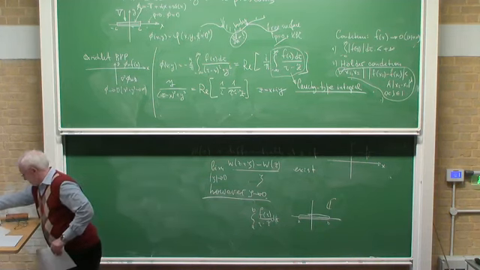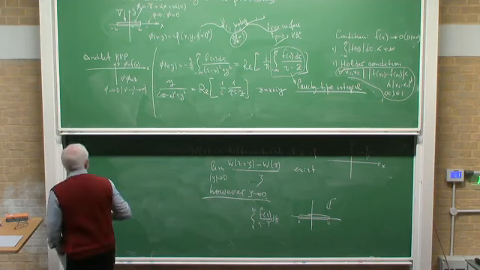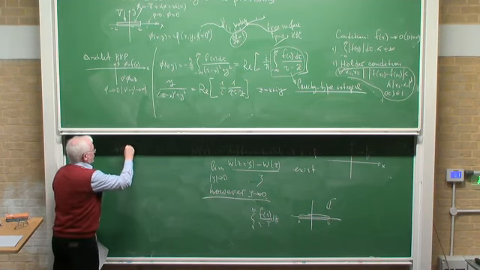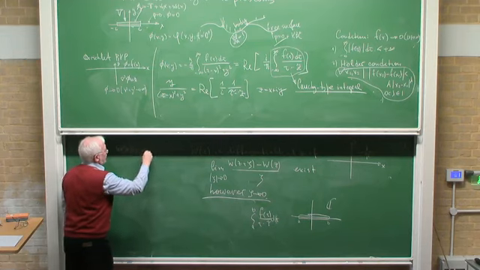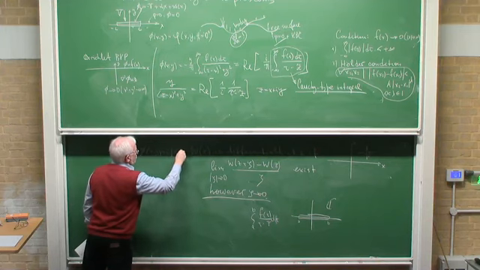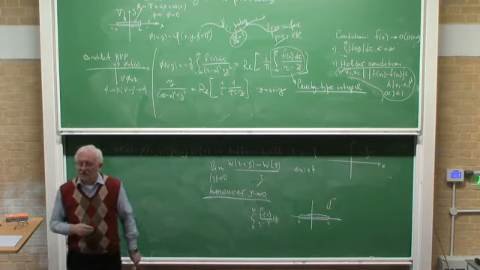Let's say w of z is equal to phi(x, y) plus i psi(x, y), and the function w is analytic.